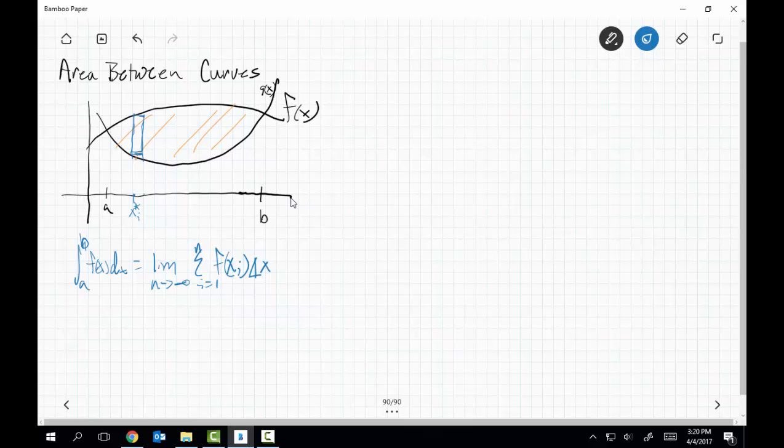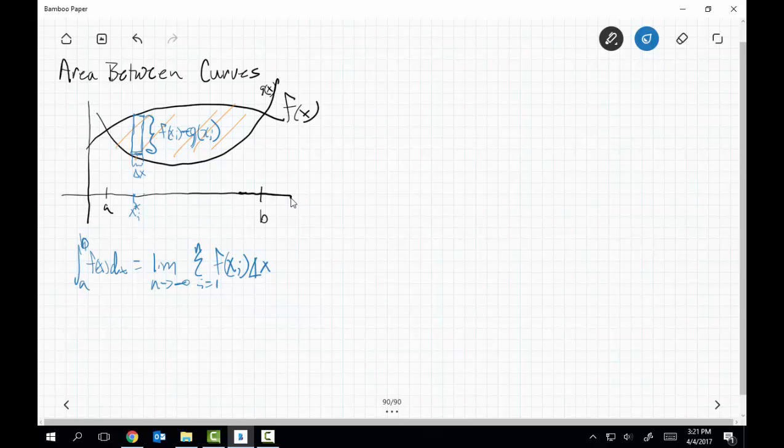Well, all we're going to add up now is these same things, only the difference this time is that instead of just f of x sub i, if you notice, this distance is f of x sub i minus g of x sub i. That's all it is. It still has a thickness of delta x.